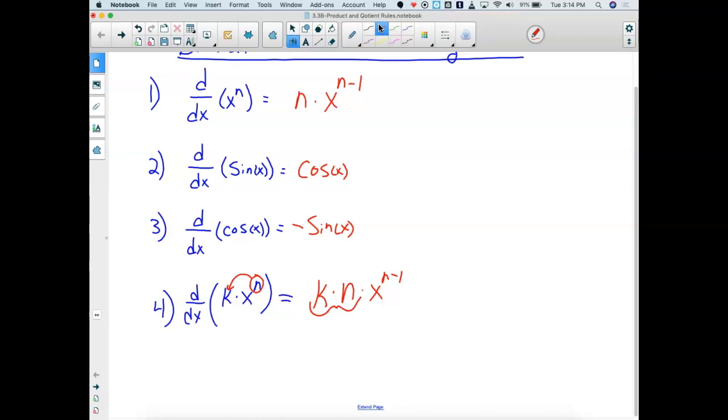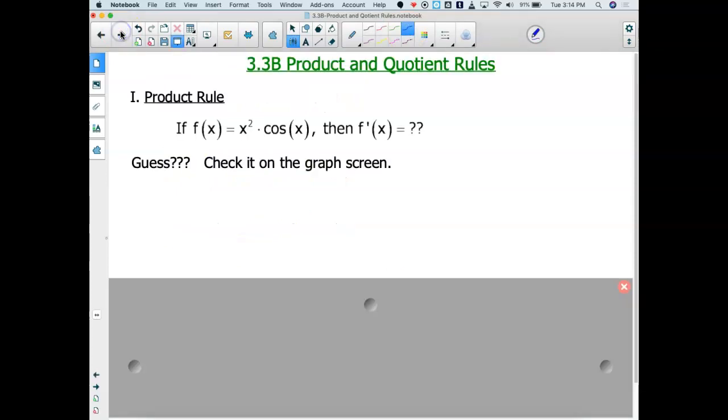Well, today we are going to learn the product rule, which is something completely different. Notice if I have f of x equals x squared times cosine x, this is a function of x times another function of x, and I cannot combine those.